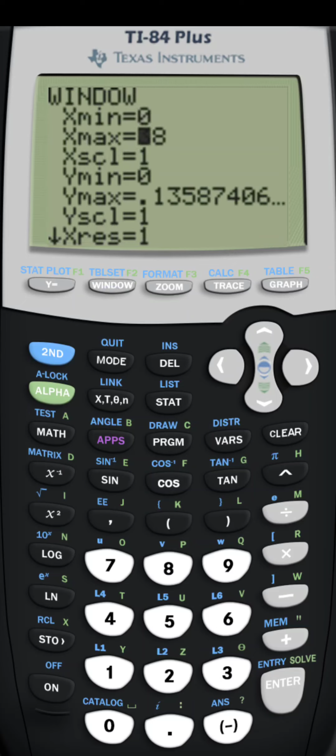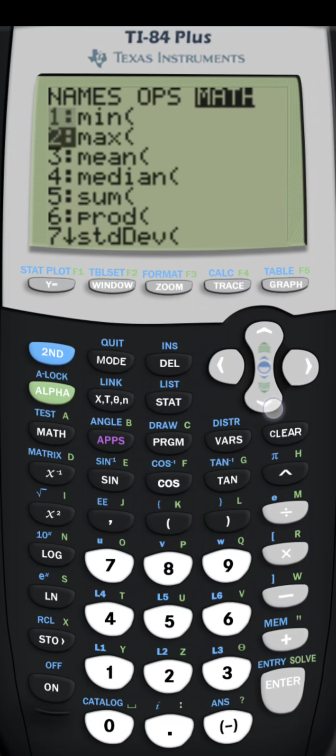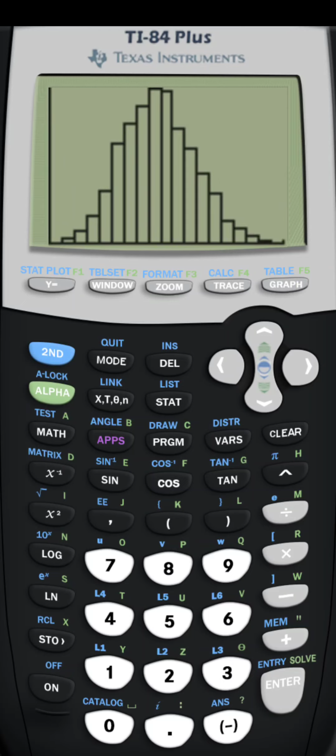So that should be the max of the outcomes. So we're going to go over to the max, and the outcomes are stored in L1. Okay, so let's try that again. Okay, there we go. Nice and normal. It's important that we graph the relative frequency because we're about to fit an ideal distribution to this. So we have the right window, we have the right frequencies. I think we're ready to go.